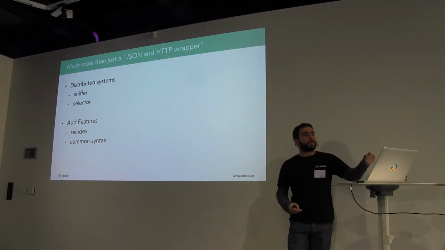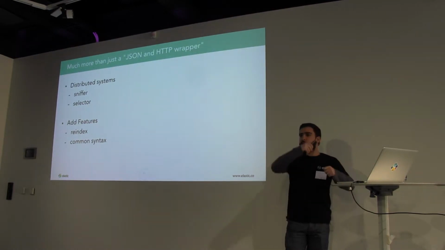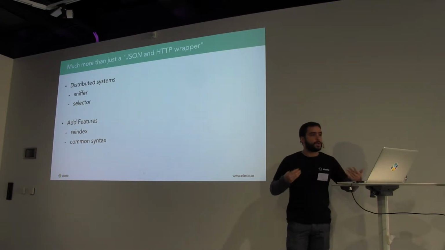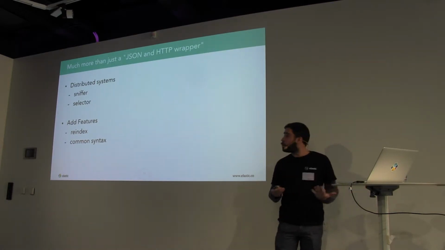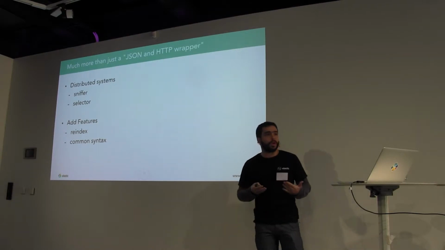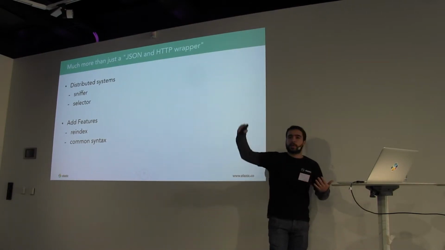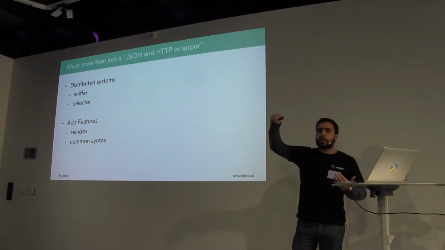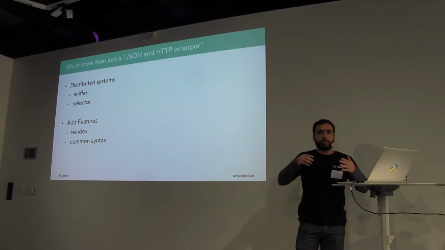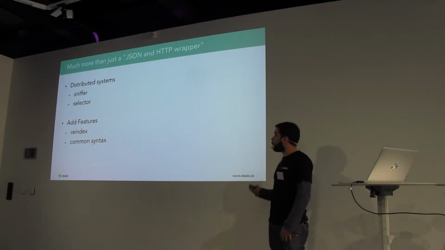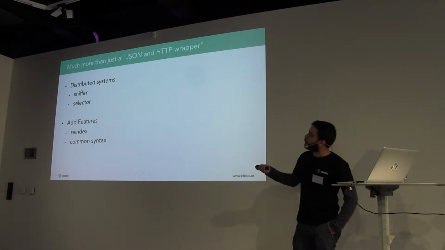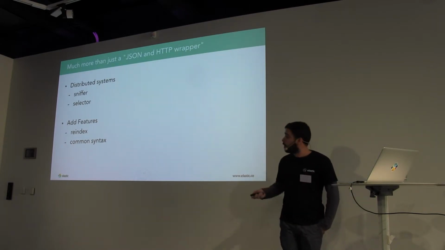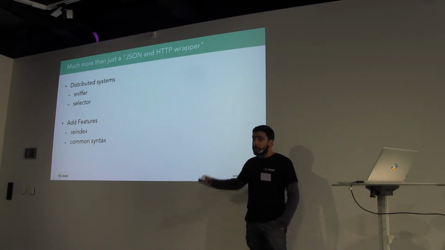And when you are doing requests to one node, if you do not change the nodes, you are creating a hotspot. You are not using all you can. So the client usually offers you some kind of sniffer to get to know the entire topology of the cluster, and also a selector to randomize the access so you can use all the nodes. Besides, there are different features that the client can provide you that Elasticsearch does not have. For example, reindexing.